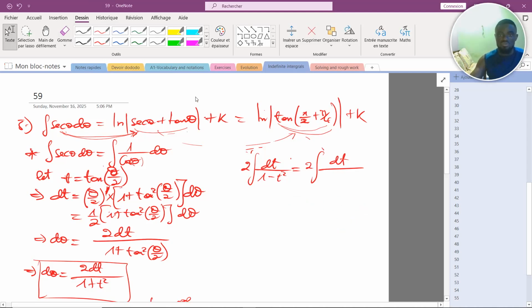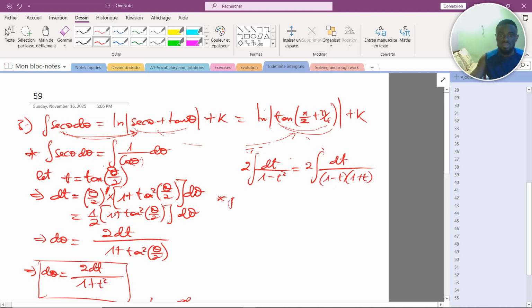So this will be equal to 2 times the integral of dt over 1 minus t into 1 plus t. So to integrate this, what I will do is first express this in partial fractions.